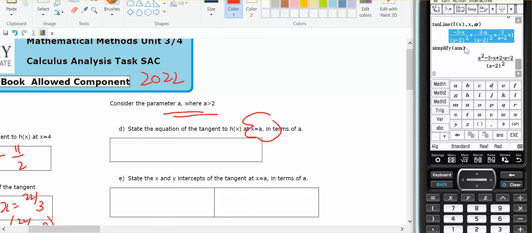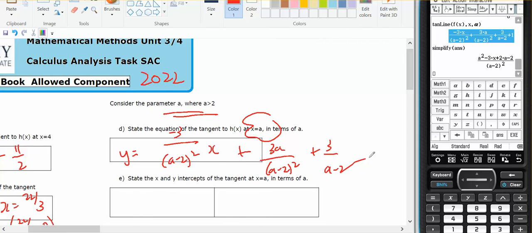So what I'm going to do is use the top one and write y equals minus 3 on (a minus 2) squared x plus the rest: 3a on top of (a minus 2) squared plus 3 on top of (a minus 2) plus 1.